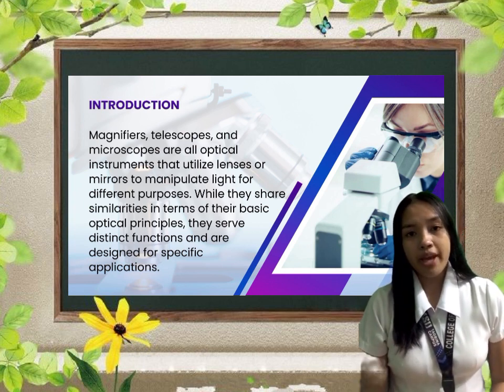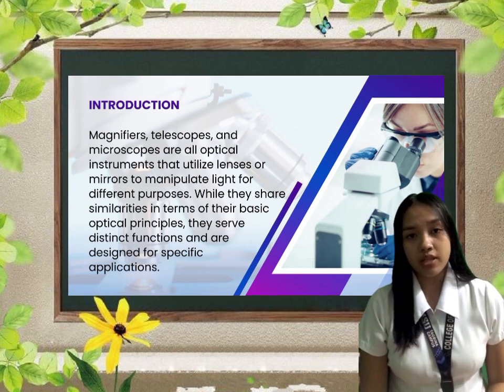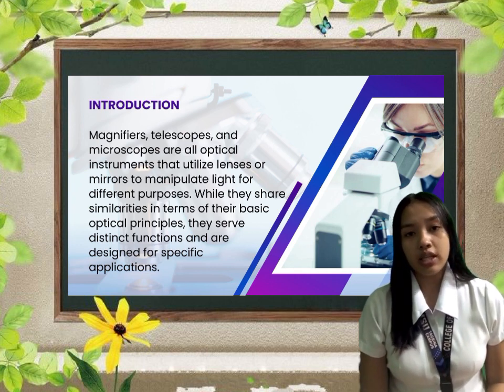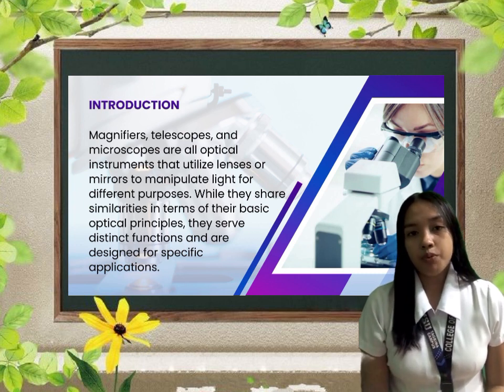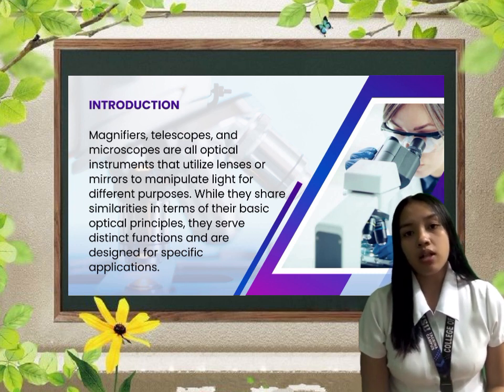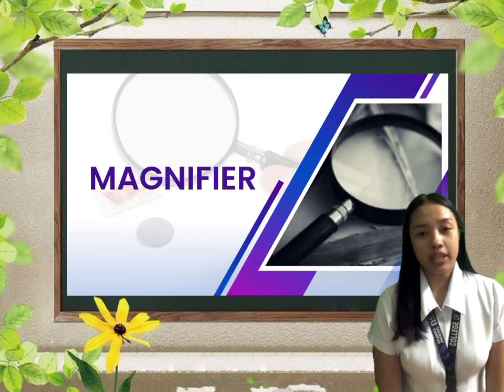Magnifier, telescope, and microscope share foundational principles of optics. Their distinct designs and applications cater to different needs and skills of observation, ranging from close-up to long-distance astronomical observations and microscopic studies. The first topic that we need to discuss is all about magnifiers.